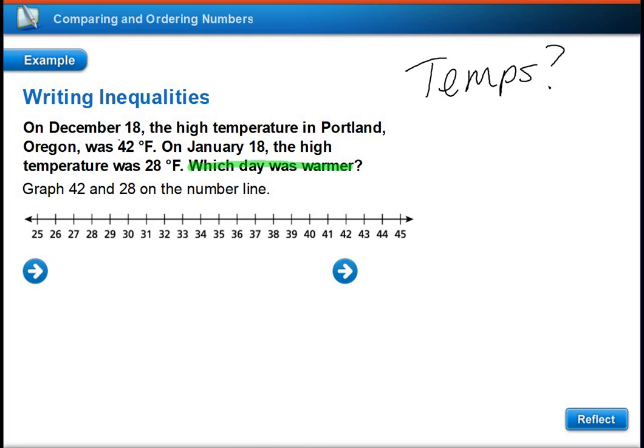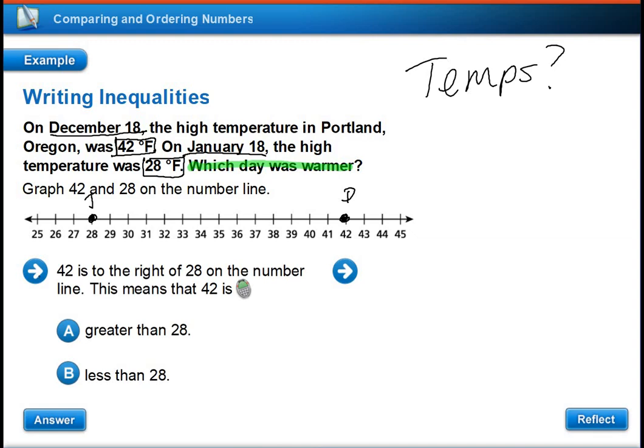All right, so in this case, it was 42 degrees Fahrenheit on December 18th, and 28 degrees Fahrenheit on January 18th. I can do what we've done before and plot them: here's 28, the January date, and here's 42, the December date.